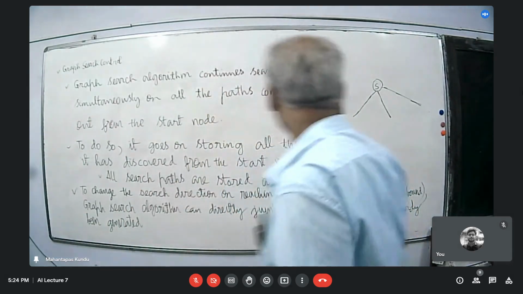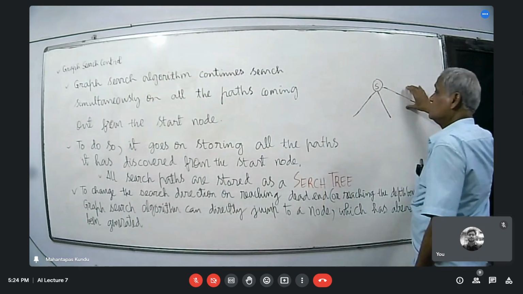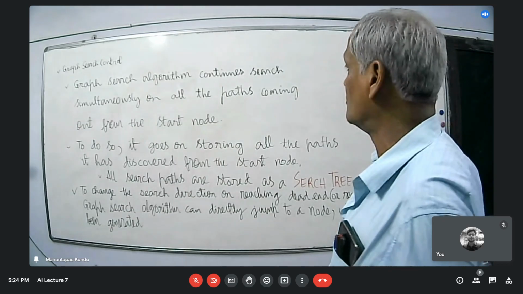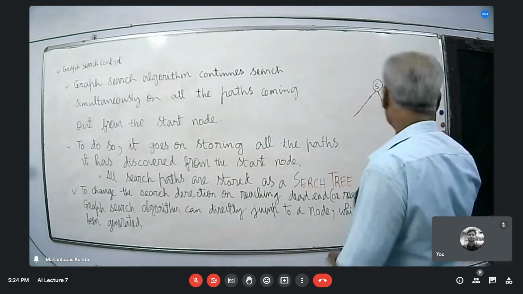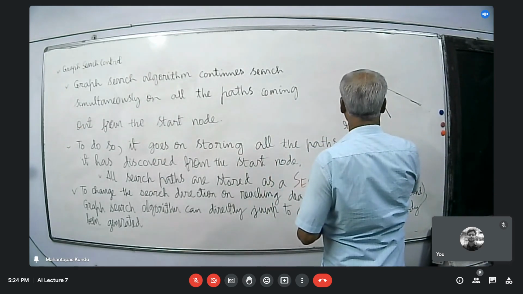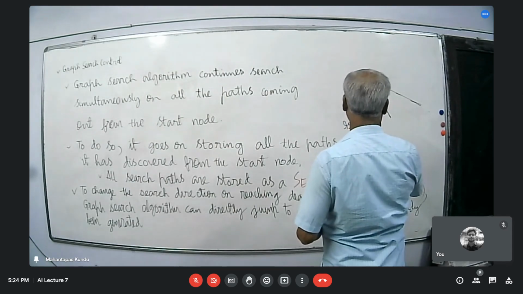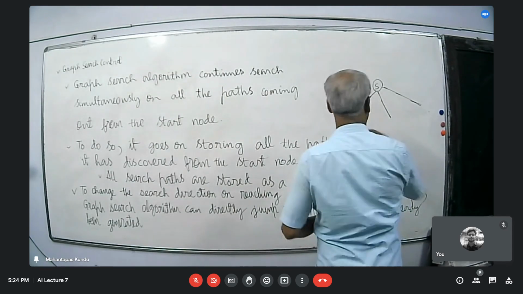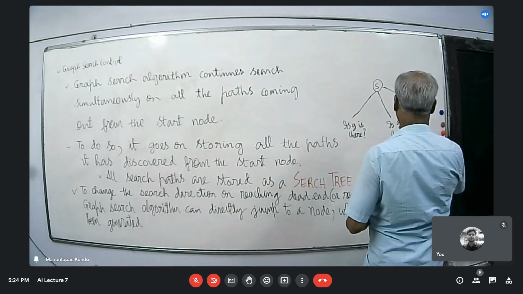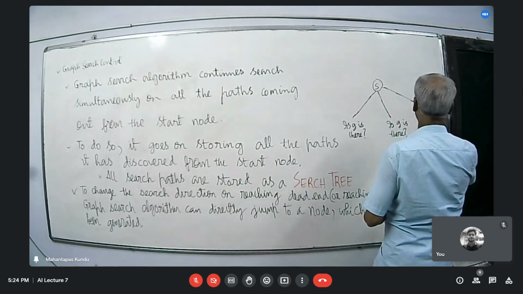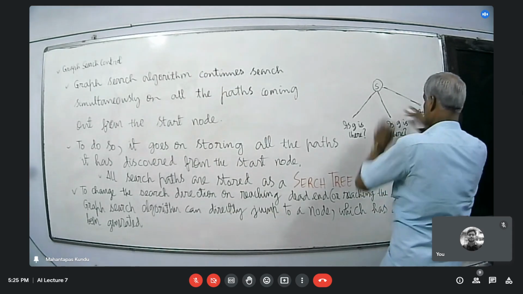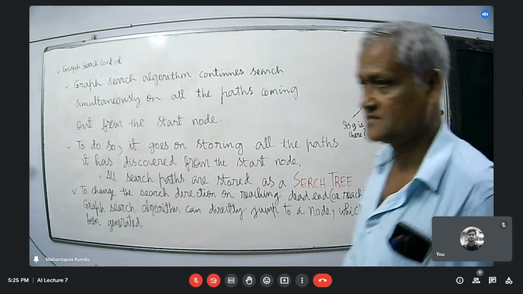But here, since all these paths are searched simultaneously to find a goal node, if G is there over this path, all these paths are explored simultaneously in search of a goal node.